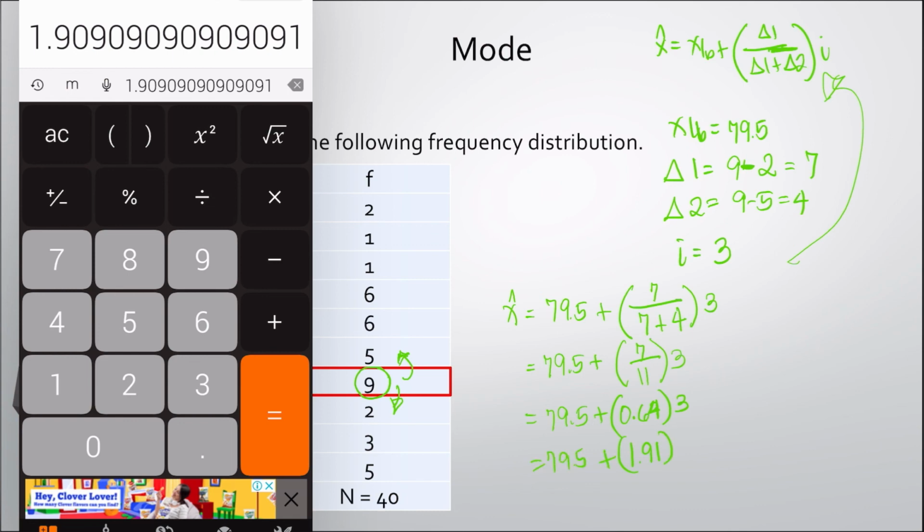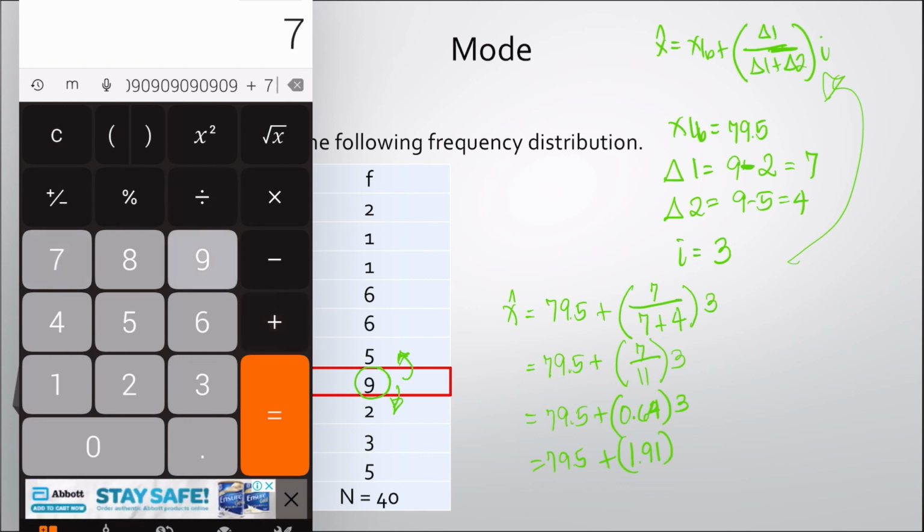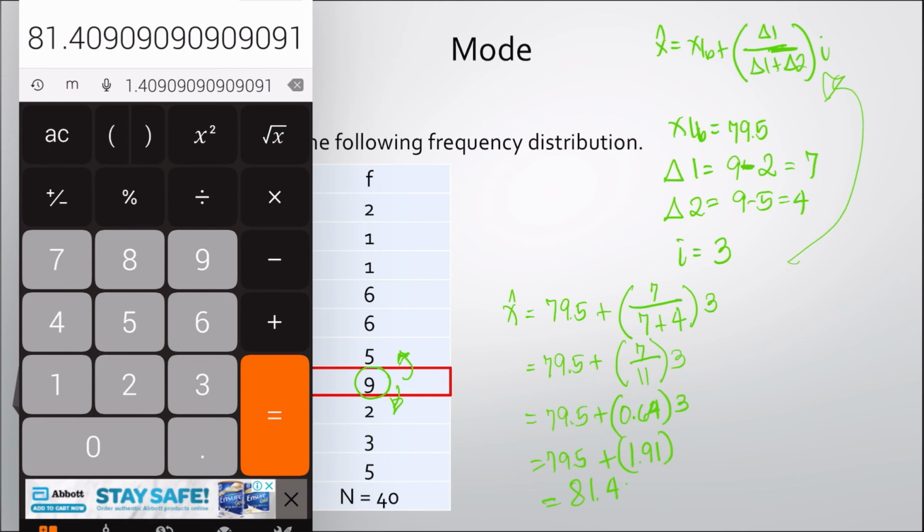79.5 plus 1.91 is equal to 81.42. Okay? And that is the answer.